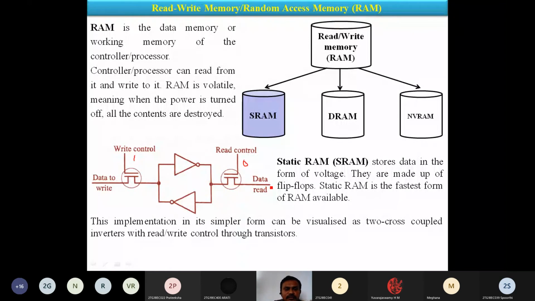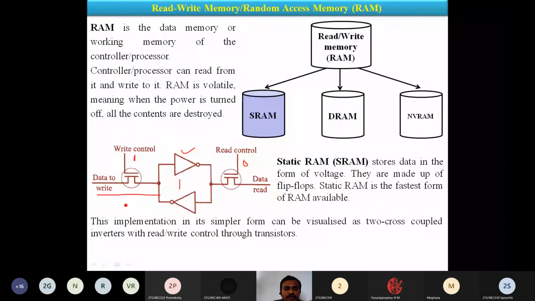To write data to this flip-flop, these cross-connected inverters, the write control must be in the high state. Once the input for this transistor is high, this transistor connects the overall flip-flop to the data write line. So if you want to store logic 1 in this memory, what do you need to do?